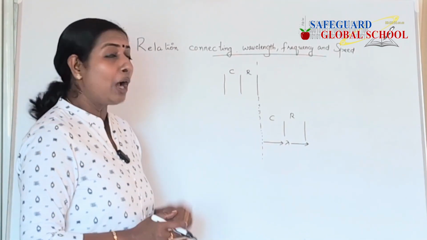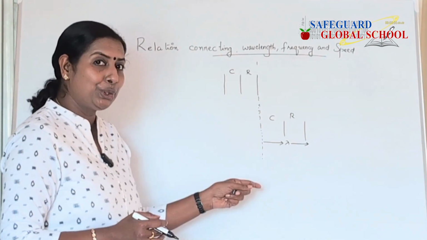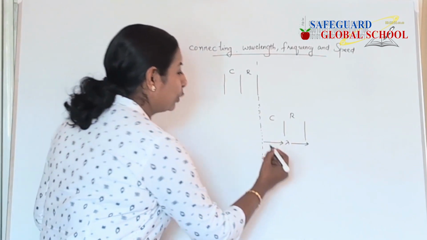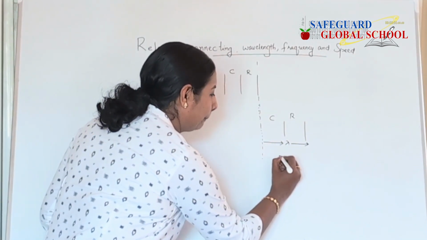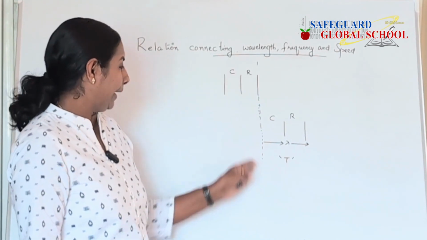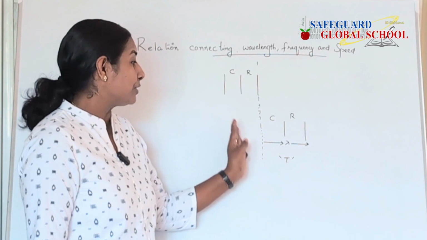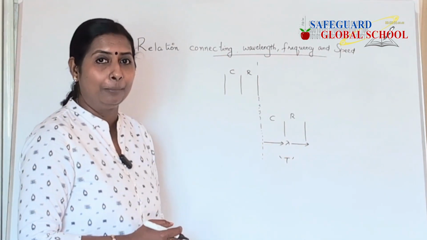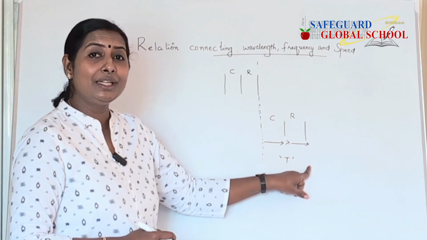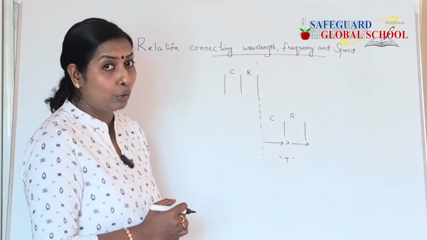According to the definition, the time required for a compression and a rarefaction to cross this point is the time period. So for crossing the reference line, the wave has traveled a distance lambda, and the time required is t.